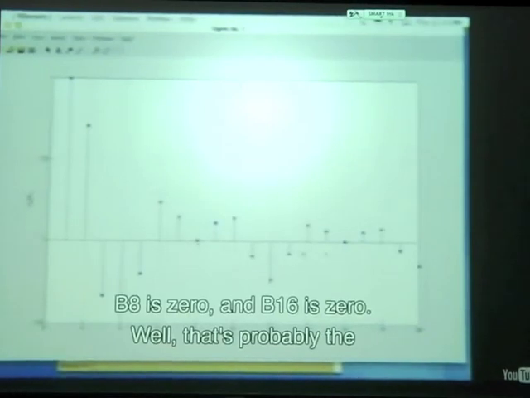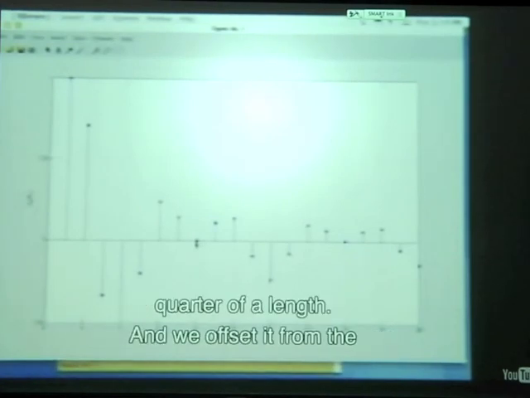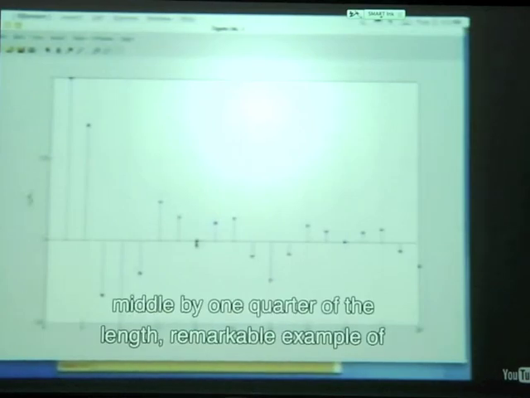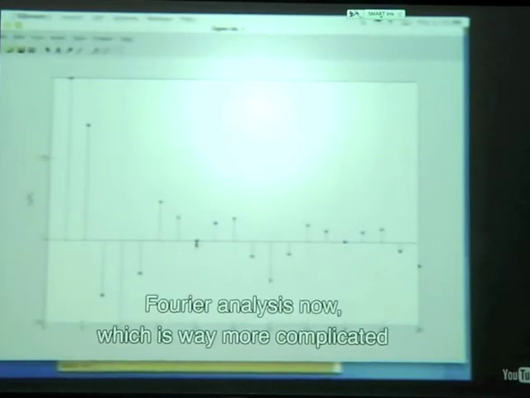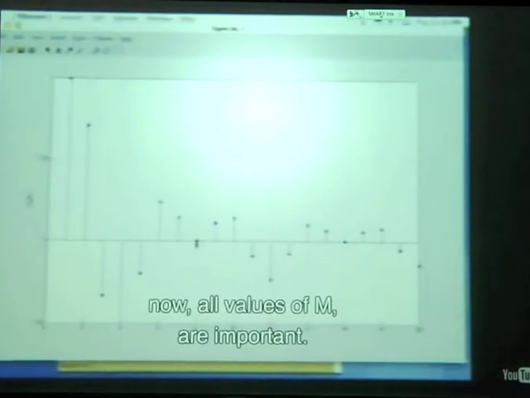B8 is 0 and B16 is 0. Well, that's probably the result of the way we set up the square, which has a width of 1/4 of a length, and we offset it from the middle by 1/4 of a length. Remarkable example of Fourier analysis, which is way more complicated than if you nicely center it. All values of M are important.